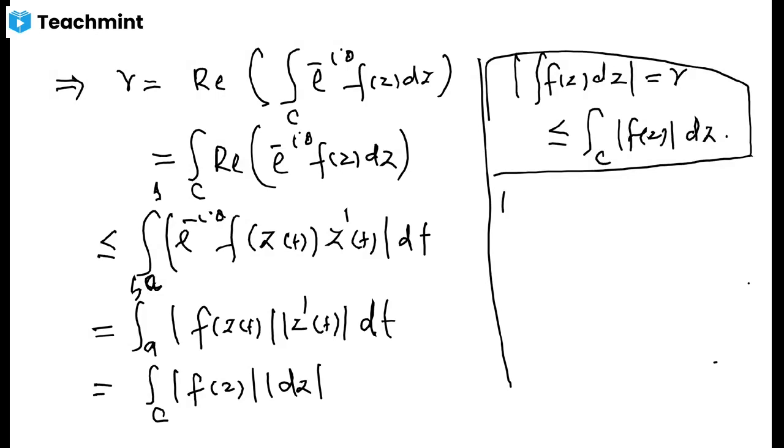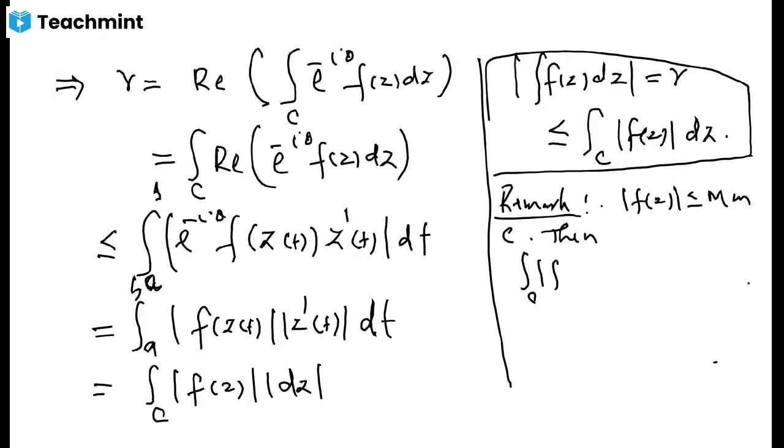And as a remark to this, if your function f(z) is bounded on C, then look at this thing. I can write the integral over C of mod f(z) mod dz to be less than or equal to M, because the function is bounded by M, times the integral over C of mod dz.